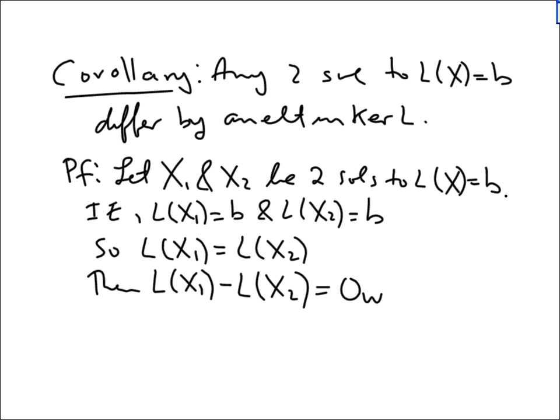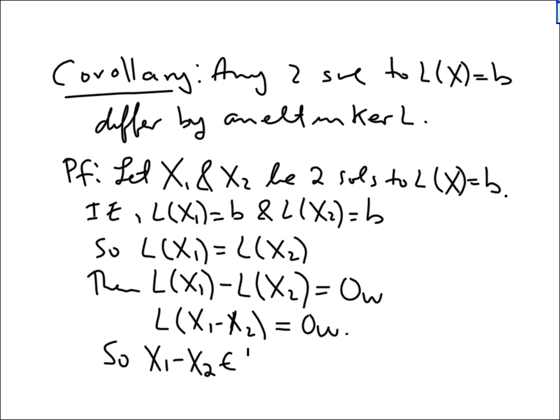But the left side is the same as L of x1 minus x2. So, x1 minus x2 is in the kernel of L. Because if L of anything equals the zero vector, then that thing is in the kernel.